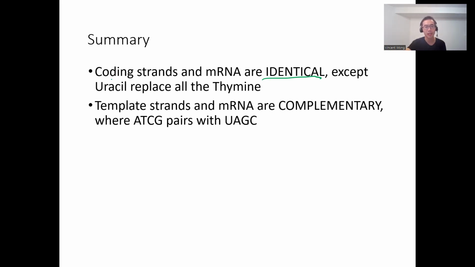That's why you have to replace all the thymines in the DNA with uracil. On the other hand, the template strand and the RNA strand are complementary to each other. They follow the base pairing rule, with a little exception that A pairs with U instead of T.